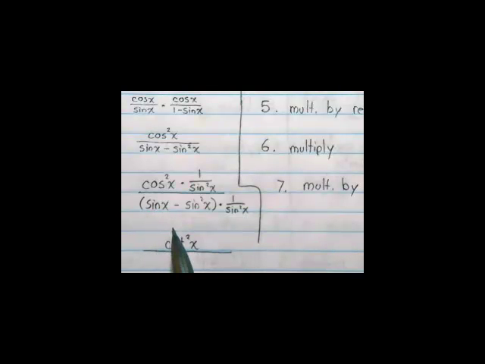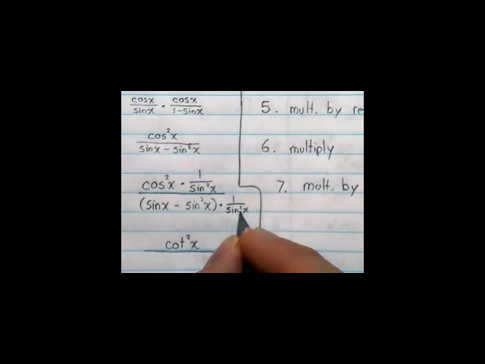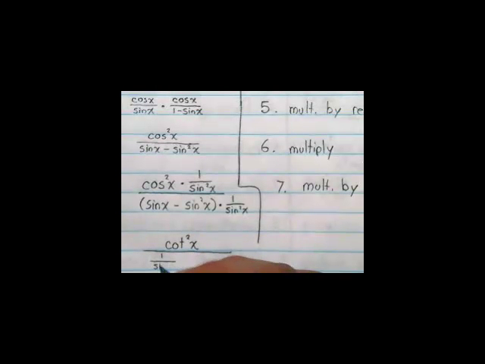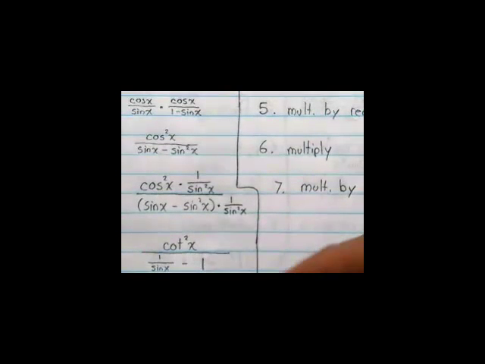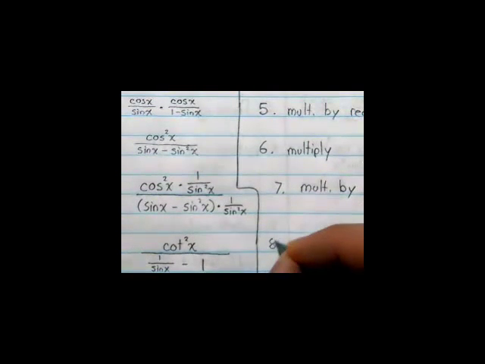Just a 1 over sine, not squared anymore, right? Because this sine will cancel one of these two down here. So just a 1 over sine x. And then what's sine squared x times 1 over sine squared x? 1. So that will just be a multiply.